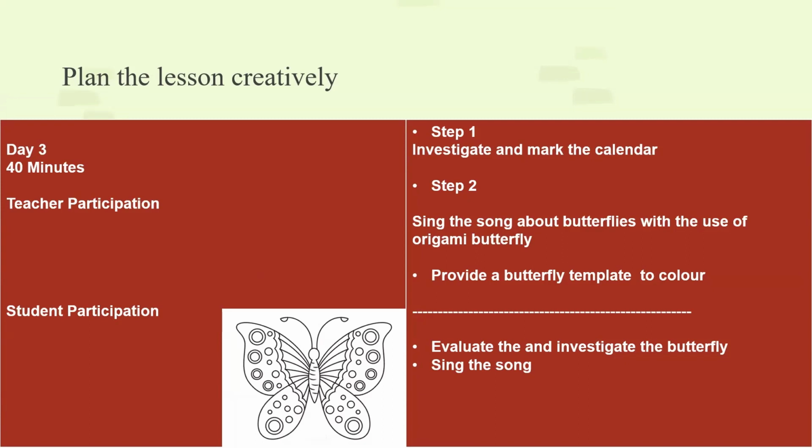Also, I'm going to provide a butterfly template to color. You can see I have my own butterfly there. You can use various types of butterflies for them to color. Also, we are going to evaluate and investigate the butterfly as well. See what's happening.